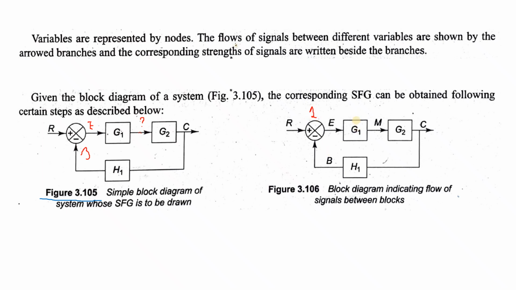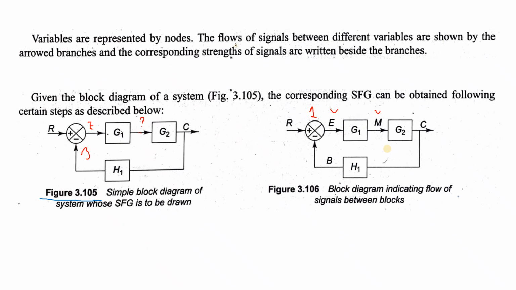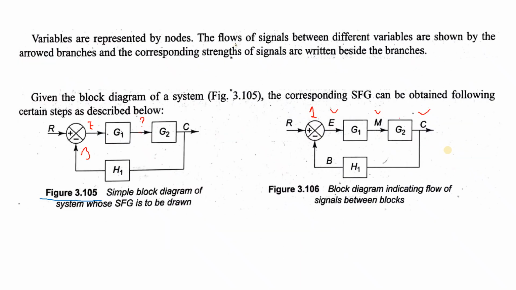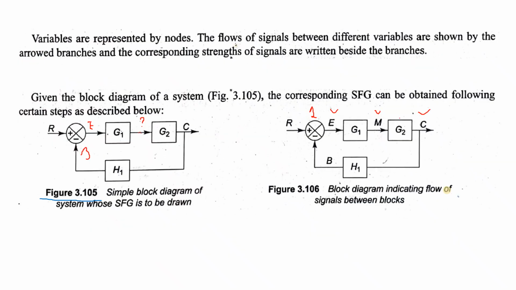Why 1? Because at a summation point the gain is 1. Between E and M we have gain G1, so we will write G1. Between M and C we have gain G2, so we will write G2. Between C and B we have gain H1, so we write H1.